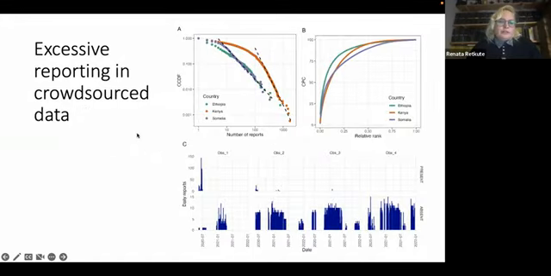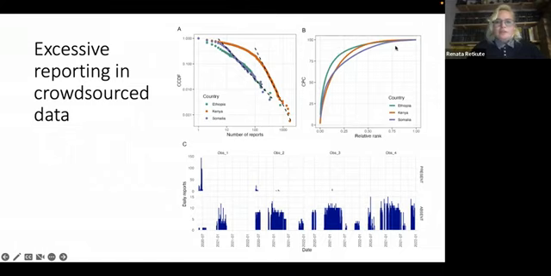Another aspect we noticed is excessive reporting in crowdsourced data. We plotted the cumulative composite distribution function, and we found a power-type relationship between the number of reports and reporters for Kenya and Somalia, and especially for Kenya, we have this long tail.